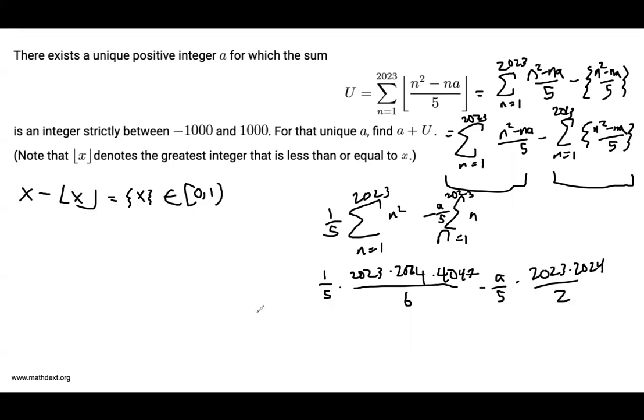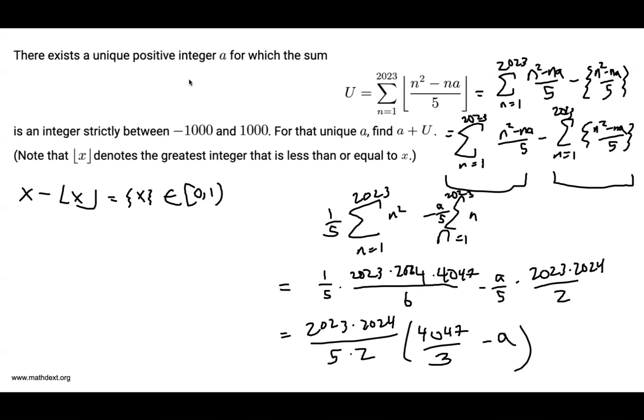We can factor out a few things from both of these in order to write the sum in a nicer way. Namely, 2023 times 2024 over 5 times 2, and then we multiply this by 4,047 over 3 minus a. 4,047 over 3, for reference, is 1,349.